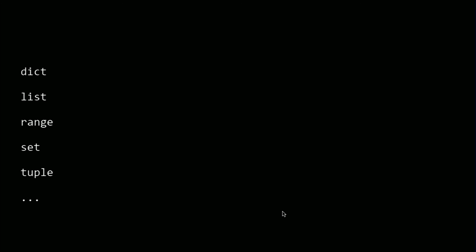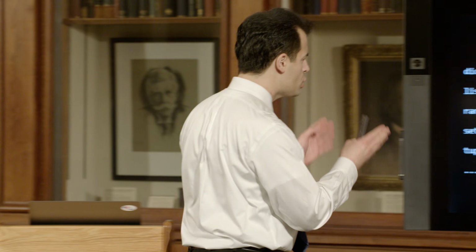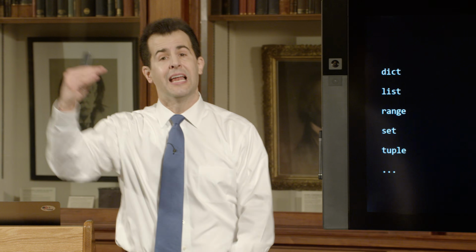Dict in Python for dictionary, otherwise known as a hash table, and list for a sort of array that can grow and shrink, and range for a range of values. Set for a collection of values that contain no duplicates, and tuples, something like x comma y or latitude comma longitude.